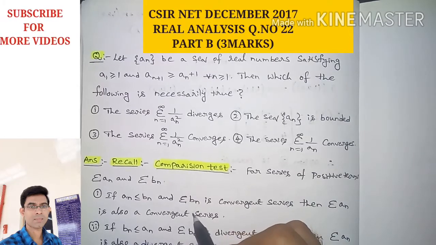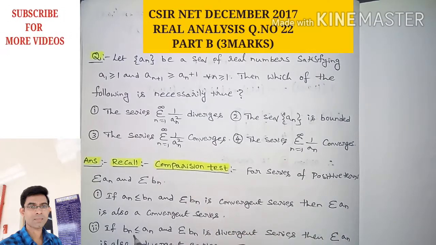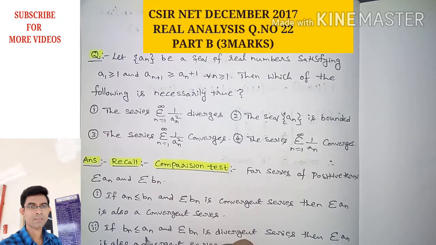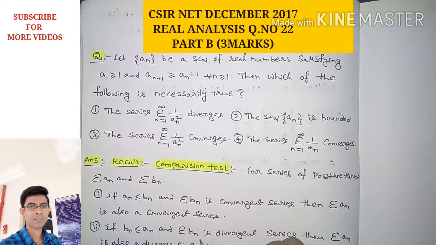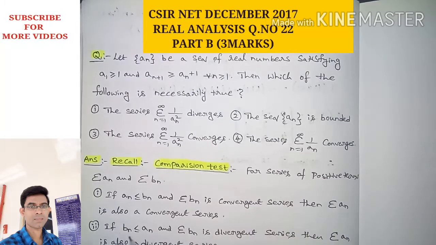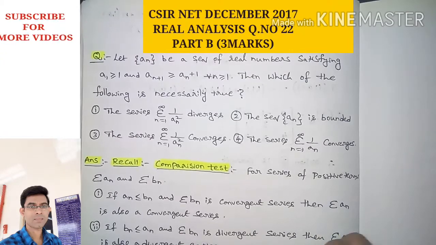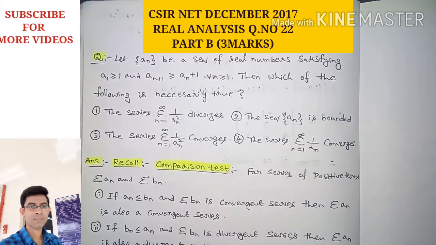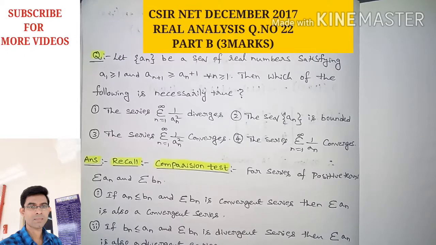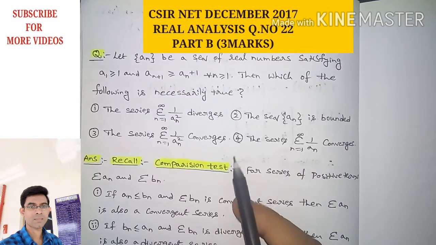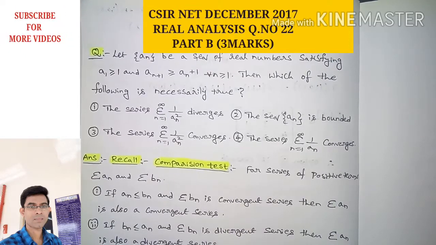This is about convergence of the series. And coming to the second point, if b_n ≤ a_n and sigma b_n is divergent, that means the smaller term series is divergent, then sigma a_n is also a divergent series. So to solve this problem, we have to use this comparison test.